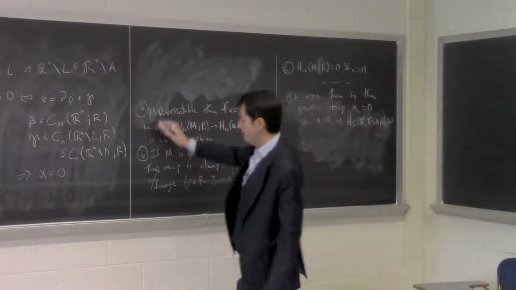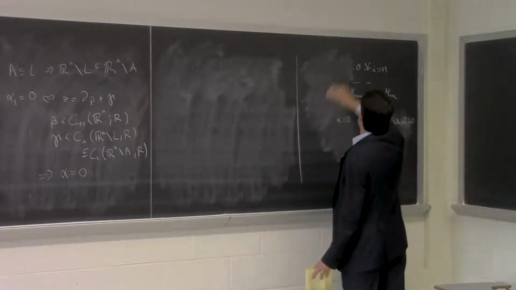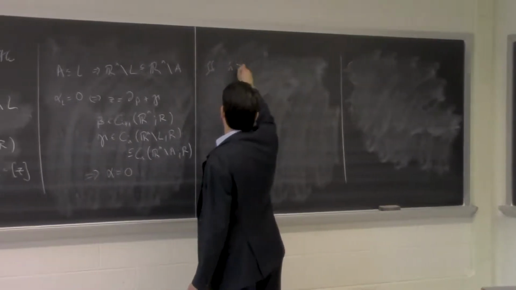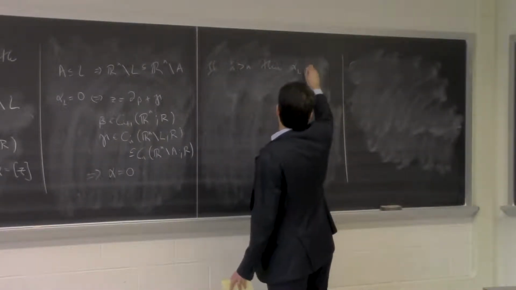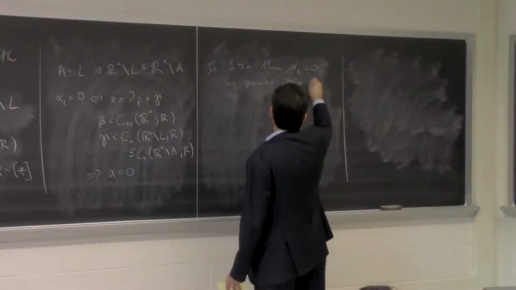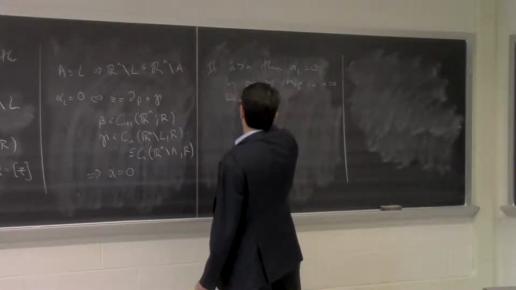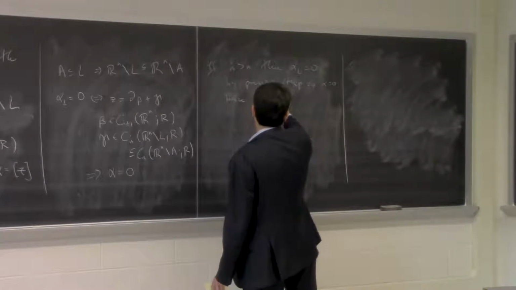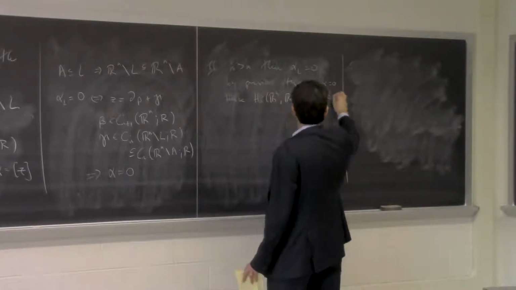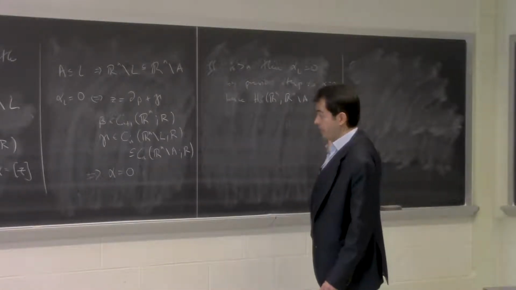Yeah, I erased the lemma. Oh well. Okay, so if i is greater than n, then alpha L is equal to 0 by the previous step. So alpha is equal to 0. And since alpha was arbitrary, we get that Hi of Rn minus A, with our coefficients, is 0. So that's the last part of the lemma.